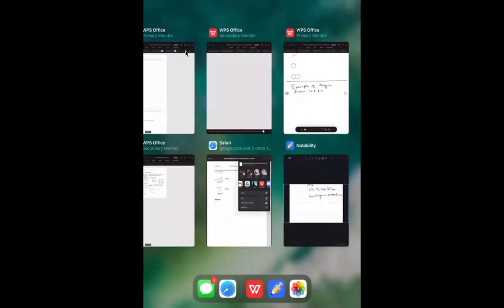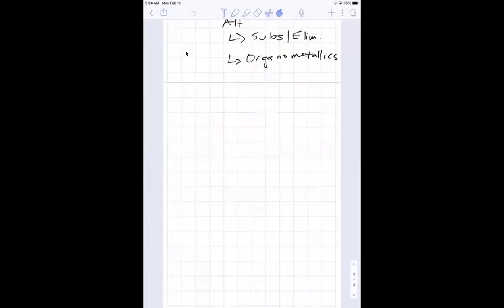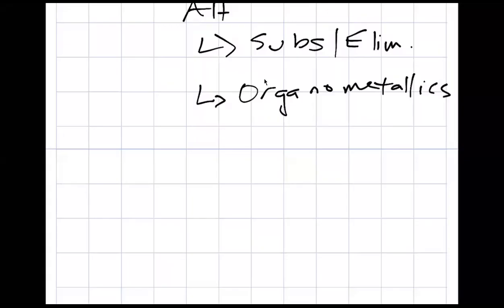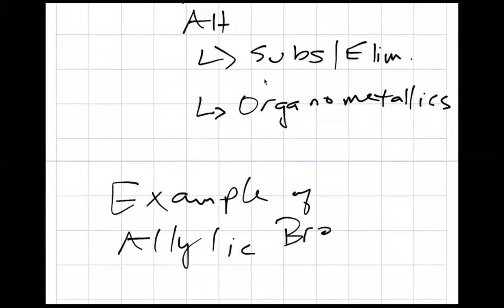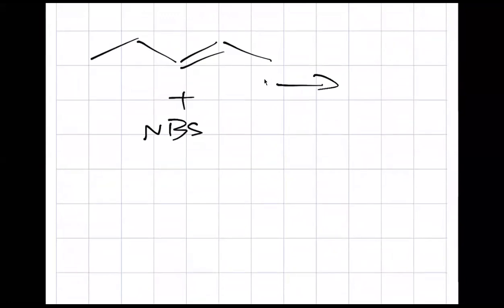Actually, you know what? I'll go back to here. All right. So with allylic bromination, let me just give a very basic substrate. So it'll be this plus NBS, and I'm going to shine a light on it.